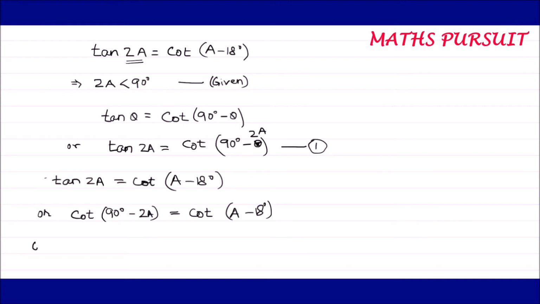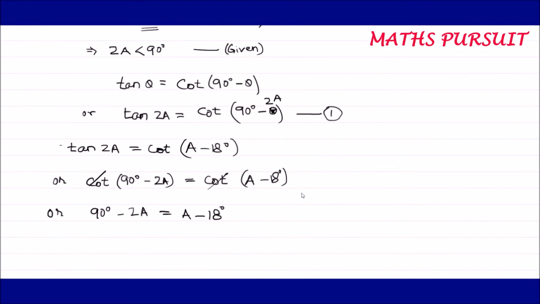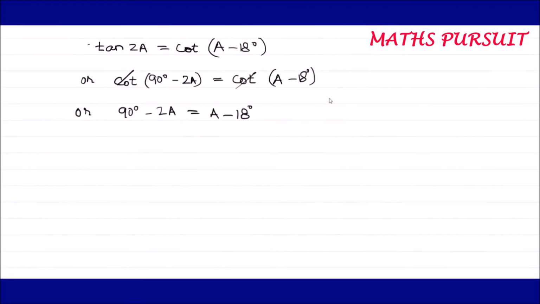In the next step, I can write 90 degrees minus 2a is equal to a minus 18 degrees. How? Because this cot and this cot cancel out. So I am left with 90 degrees minus 2a is equal to a minus 18 degrees.